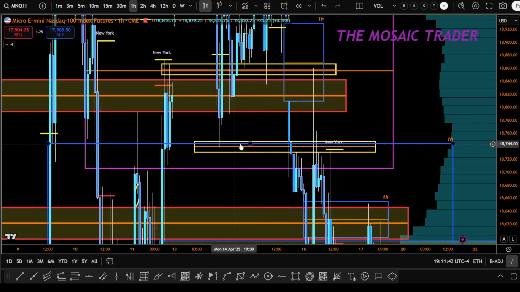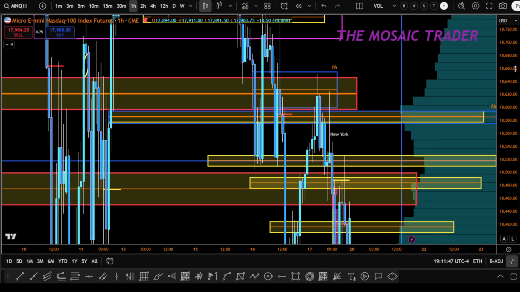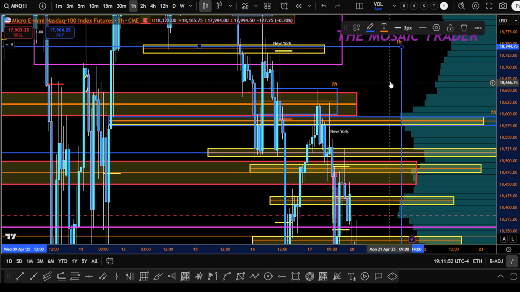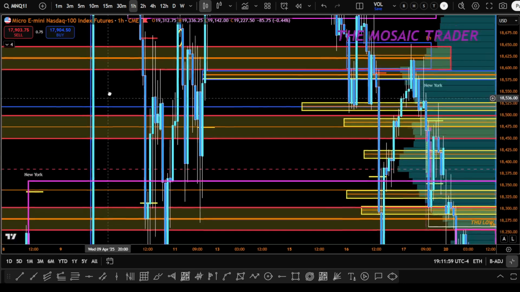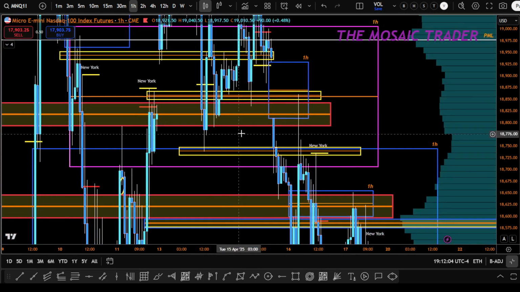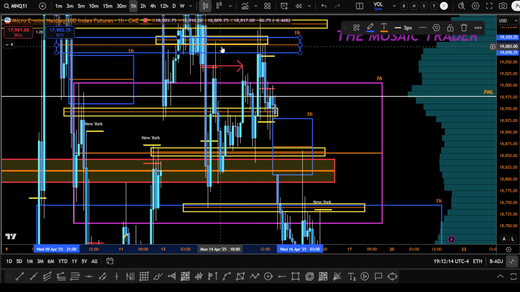And you can see we had confluence with this huge 1 hour fair value gap over here, which is from Wednesday. Then went all the way back up again, back again to this fair value gap and this node here.